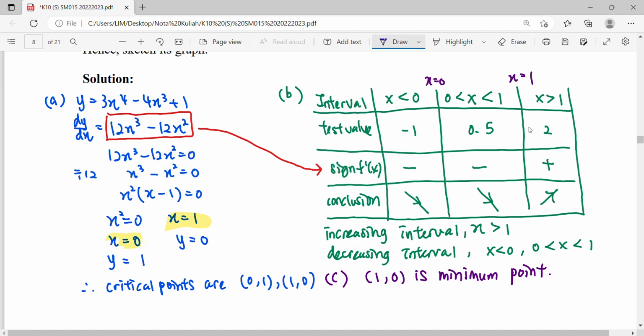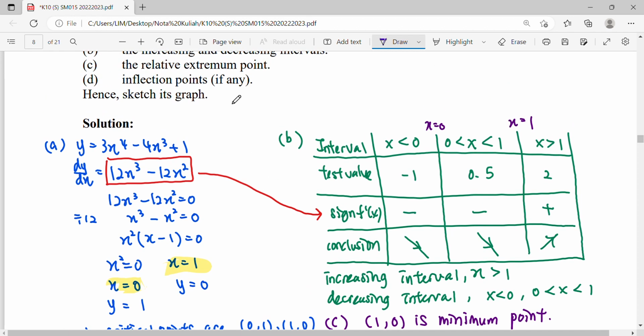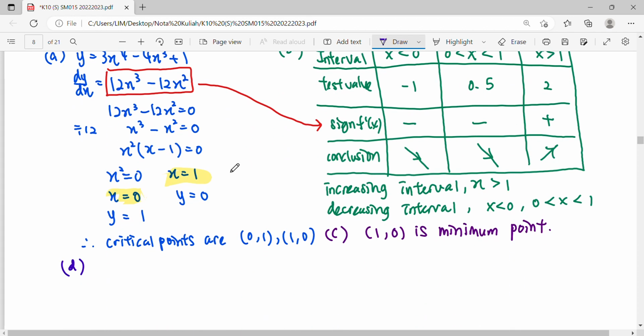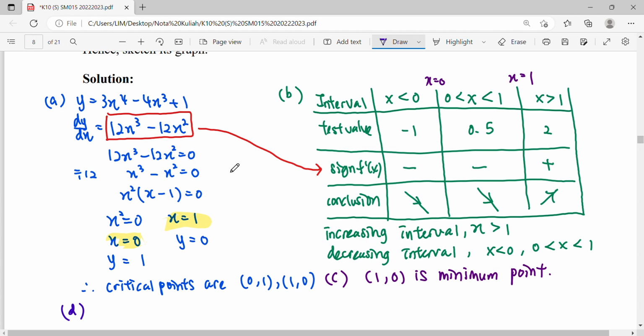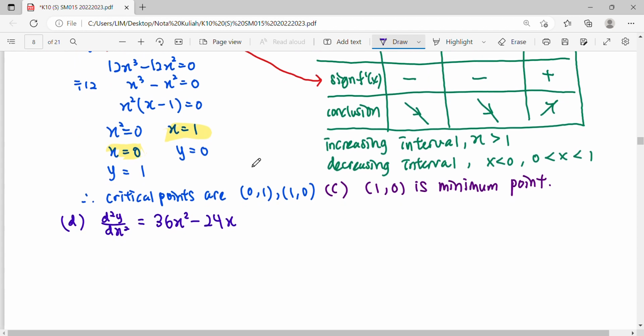Then we go for question D, where we want to find out inflection point. So when we need our inflection point, we need to find second derivative. So differentiate this again. Power turun tepat, power tolak 1. So let second derivative equals to 0.